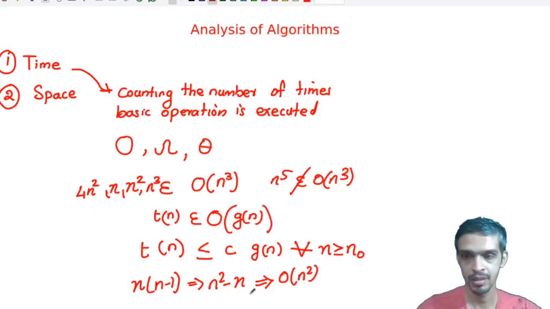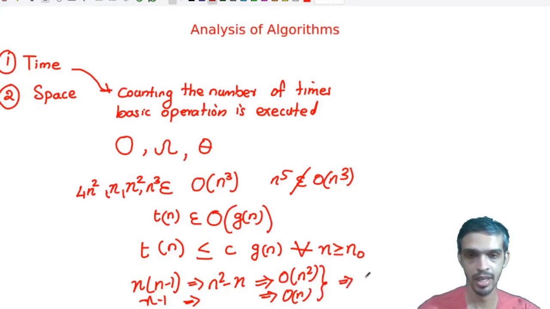And the second part makes no more than n minus 1 comparisons. So, the highest degree is 1. So, this will be big O of n. So, the efficiency of the entire algorithm is the maximum of these two, maximum of n square and n, that is n square. That algorithm runs in big O of n square time.